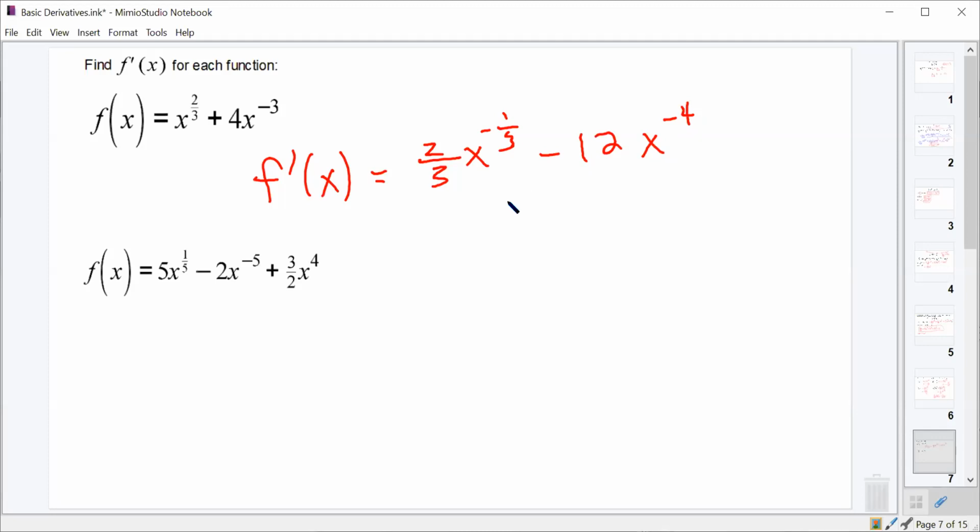This is perfectly fine. If you wanted to write it as 2/3 cube roots of x minus 12/x to the 4th, that would be perfectly fine also. Or if you want to just change one of them, that's fine too. Everybody good with that?